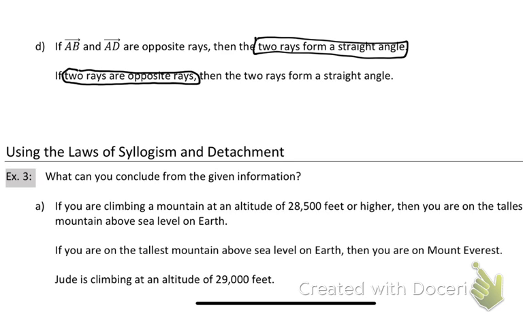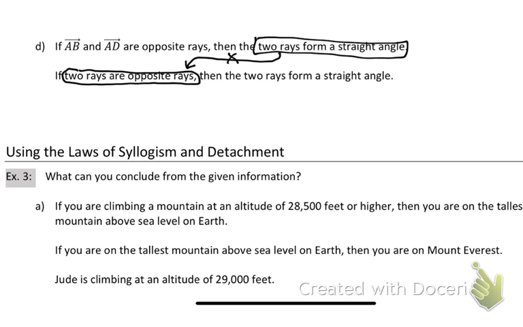No. Does this say if two rays are opposite rays? Are they close? Yeah. They're close, so I could see why we thought it was syllogism, but it has to be exactly the same. Like, it has to say straight angle.